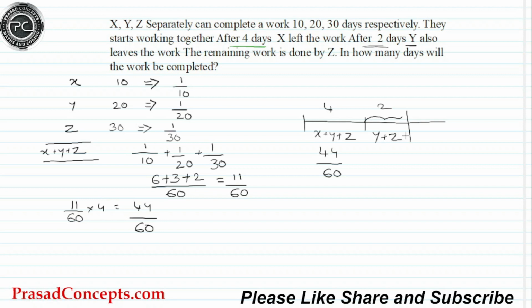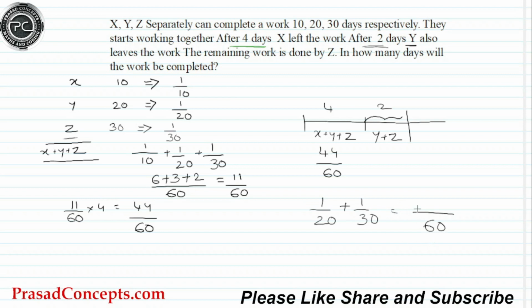The part of the work that Y can do in 1 day is 1 by 20. The part of work that Z can do in 1 day is 1 by 30. That equals, LCM 60.